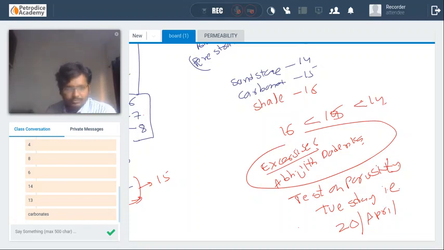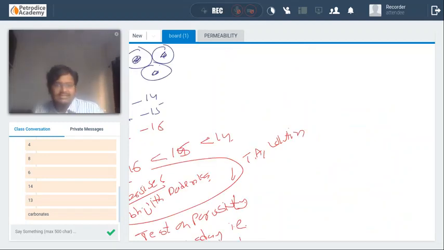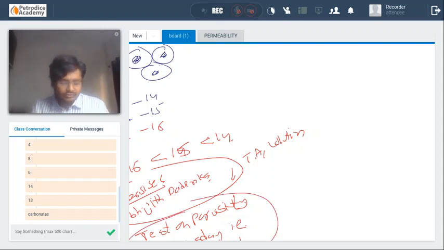So before attending this test, you need to complete the exercises in Abhijit Dandekar, Farah Ahmed, Zolotin also. Zolotin we will discuss day after tomorrow. Okay, not tomorrow, day after tomorrow. But for tomorrow, try to complete Abhijit Dandekar. So we will have an exam on porosity on Tuesday, April 20th.